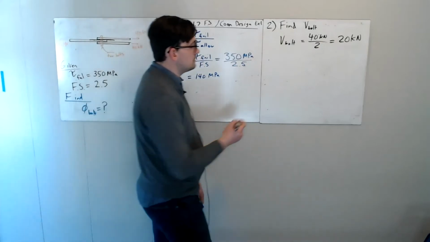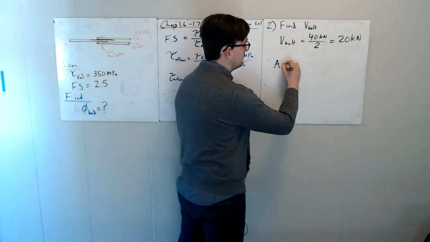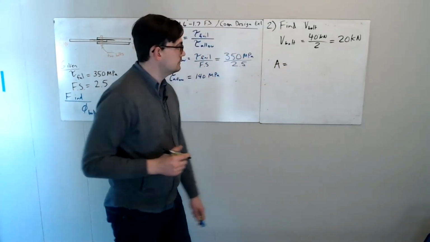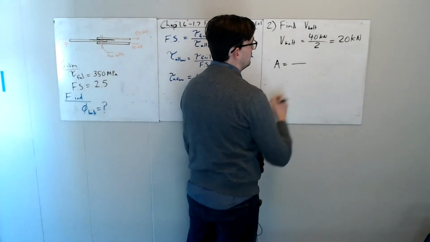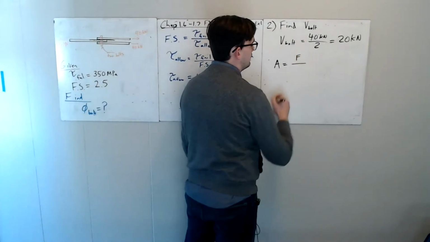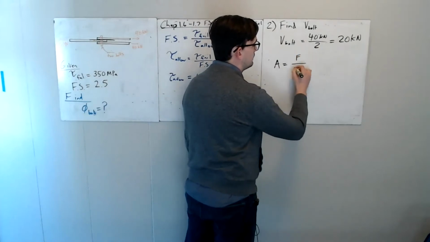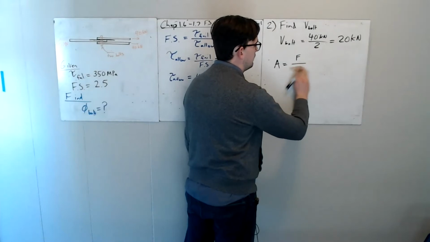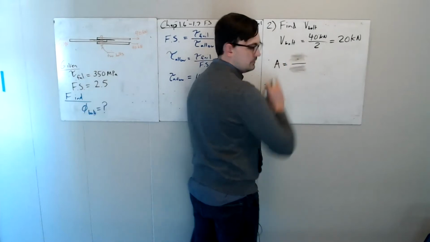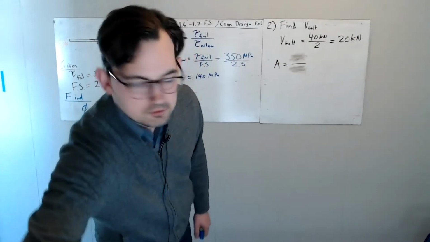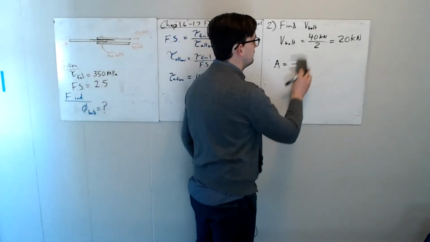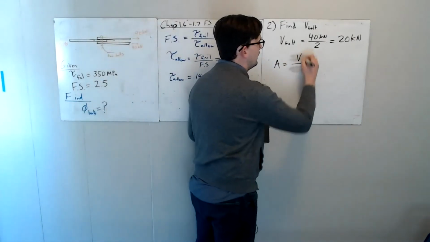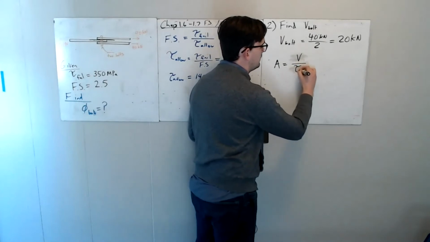So we can just rearrange this and say area is going to look like our force divided by our stress. In this particular case, we want to use shear, and we want to divide that by our tau allowable.